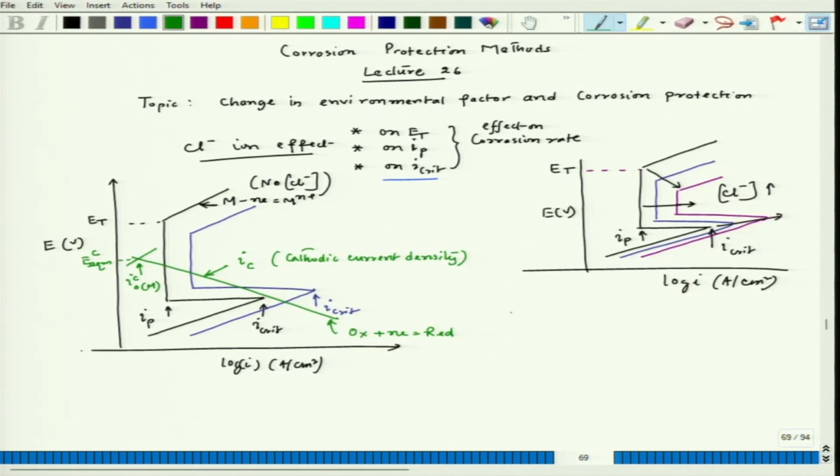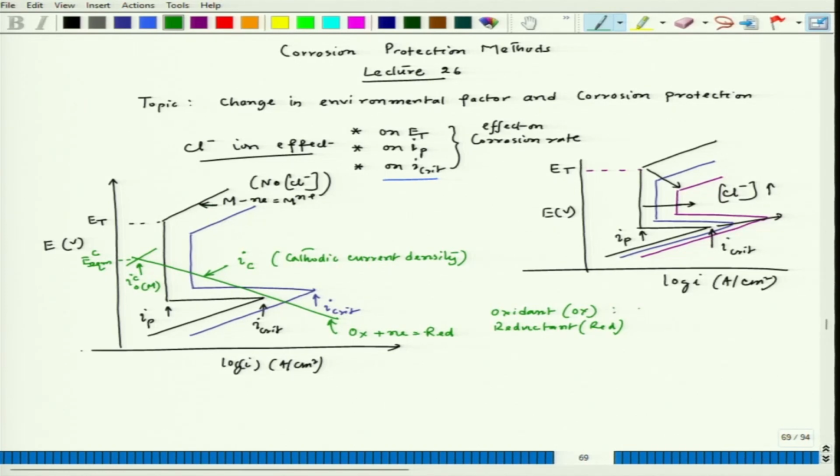So, this ox and red is nothing but oxidant, in brief ox, and reductant, in brief red.